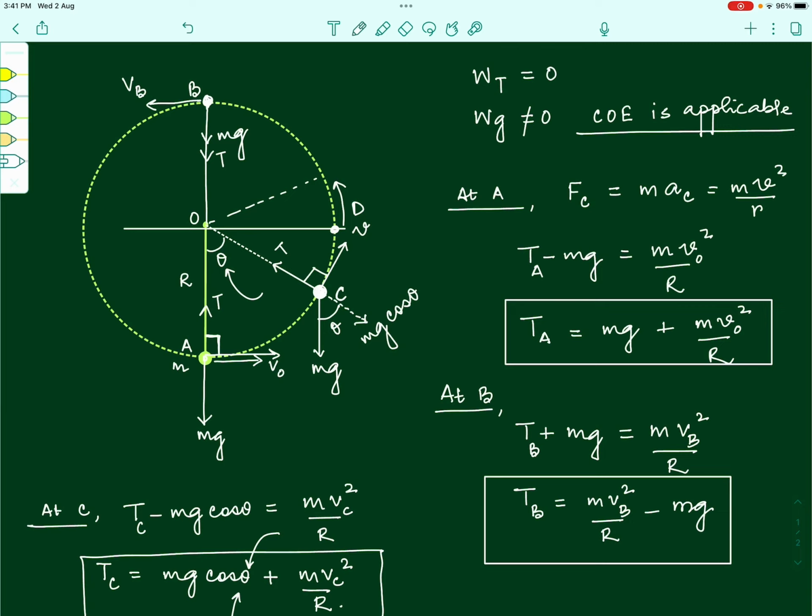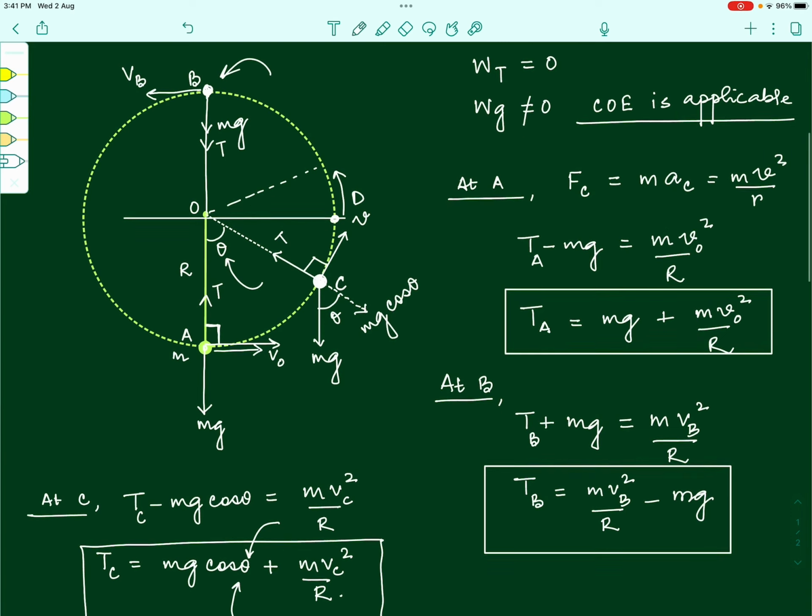So we might think that it should just reach the point B, and that the condition for this should be that by the time it reaches the highest point B, its velocity becomes 0. So we might try to put that as the condition for finding out the velocity at the lowest point.